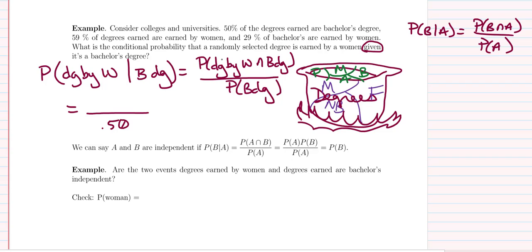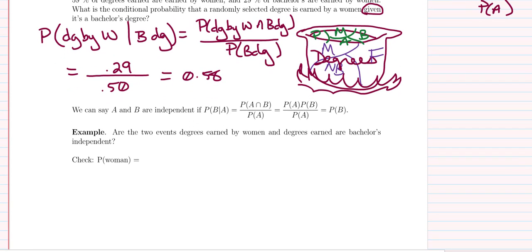Okay, and the probability of a bachelor's degree earned by a woman is 0.29. Okay, and so that should equal 0.58. Hopefully that all made sense.